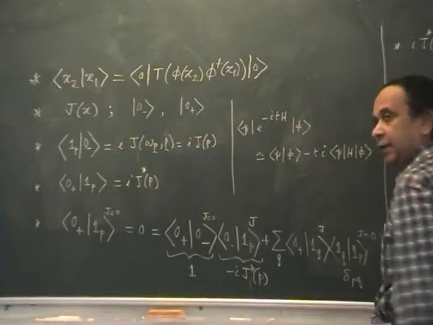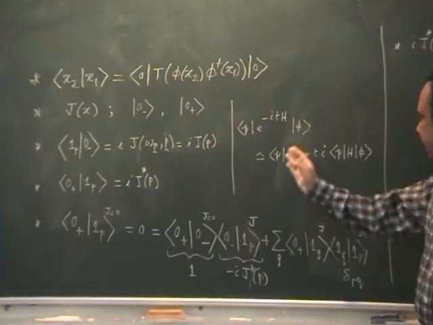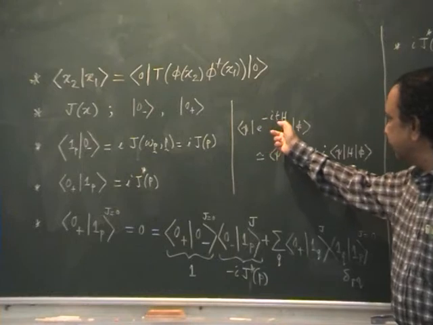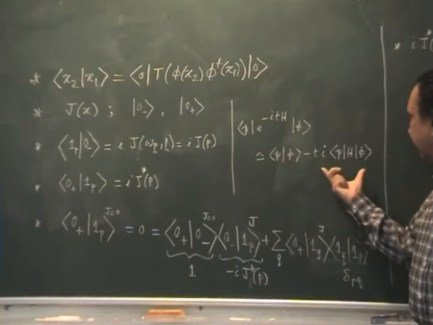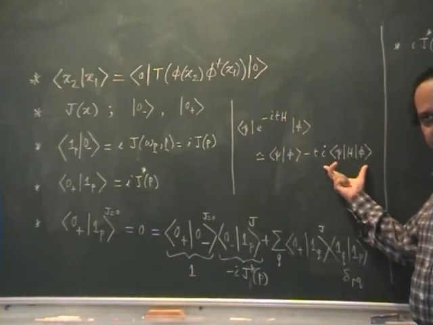Correct? So what you will find is that the transitions between these two is produced by this H, which is governed by this kind of an amplitude.